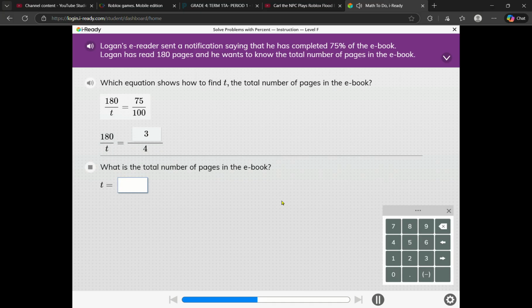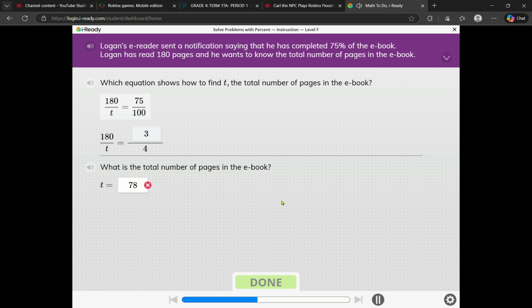What is the total number of pages in the ebook? 3 times what number is 180?